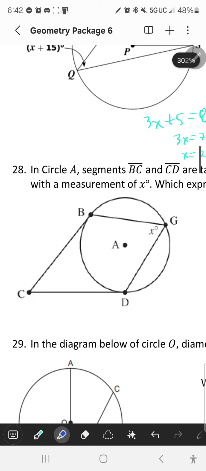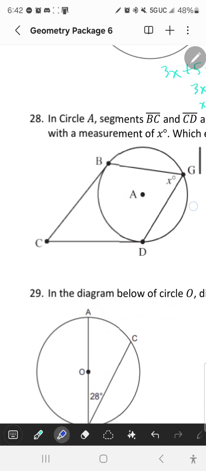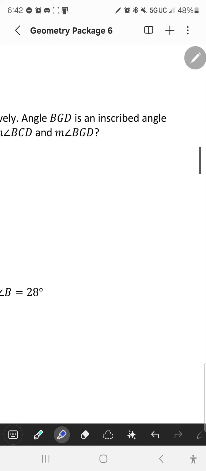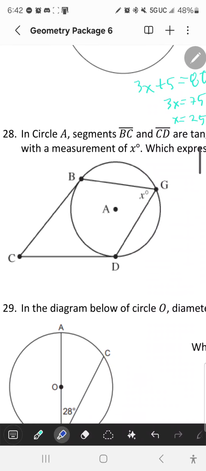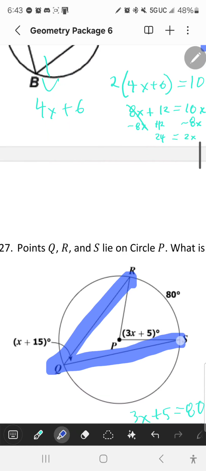In circle A, segments BC and CD are tangents to the circle at B and D, respectively. Angle BGD is an inscribed angle. Inscribed, like BGD, is the one that is half. So this is an inscribed angle.